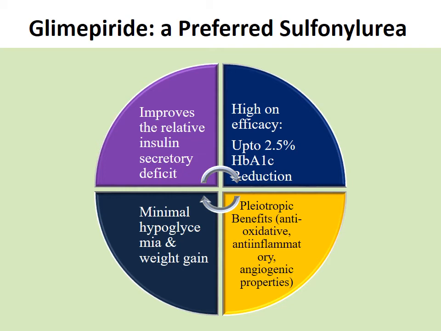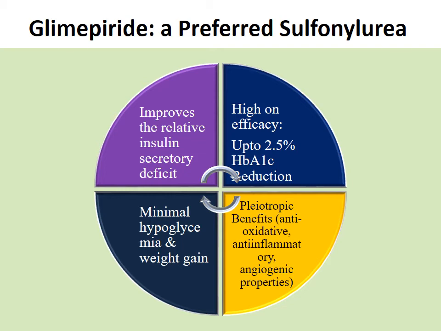Glimepiride is the preferred drug from the sulfonylurea because it improves the relative insulin secretory defect, has a high efficacy, leading to reduction in HbA1c by 2.5%, minimal hypoglycemia and weight gain. It has pleiotropic benefits, being antioxidative, anti-inflammatory, and angiogenic.